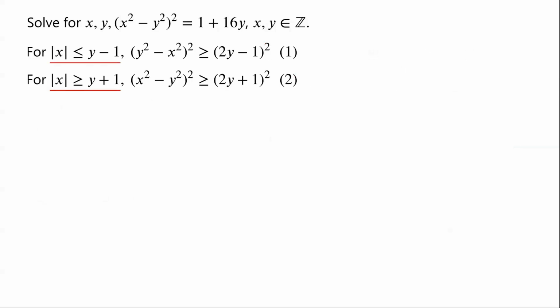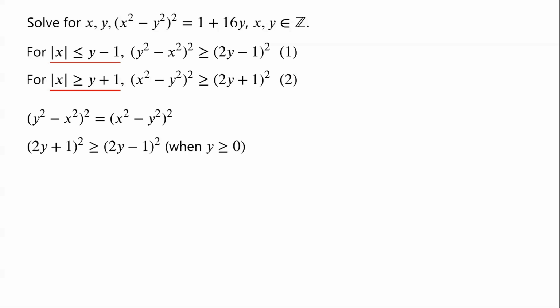Note that the left side of inequality 1 is y squared minus x squared all squared, which is actually equal to x squared minus y squared all squared. The right side of inequality 1 is 2y minus 1 all squared. The right side of inequality 2 is 2y plus 1 all squared.